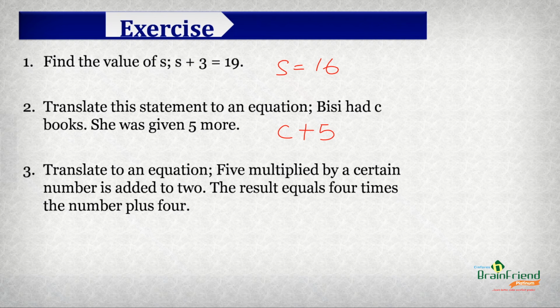The answer here is 5n plus 2 equal to 4n plus 4. Of course, in your answer, the letter n here can be any other letter of the alphabet. If these were your answers, you are correct.